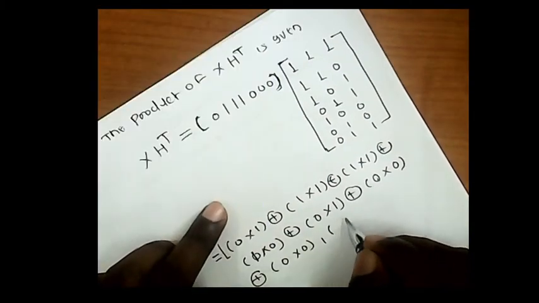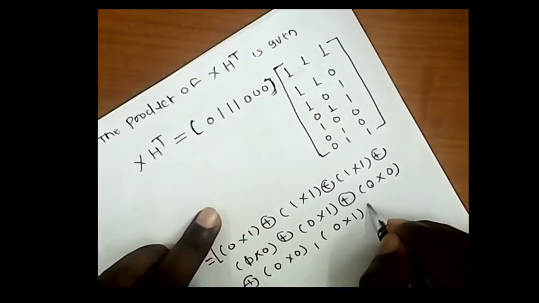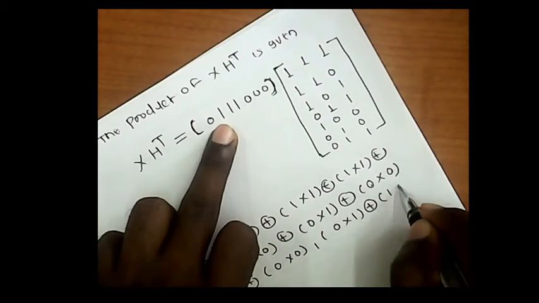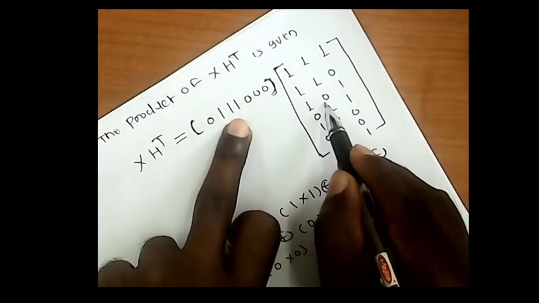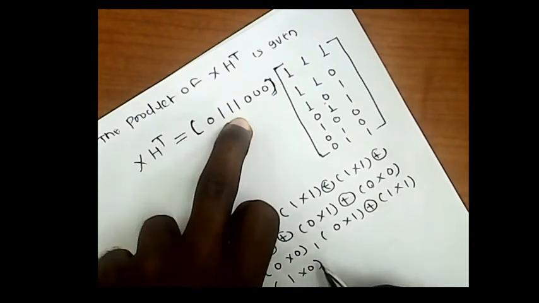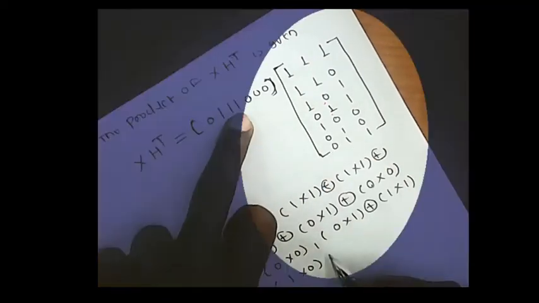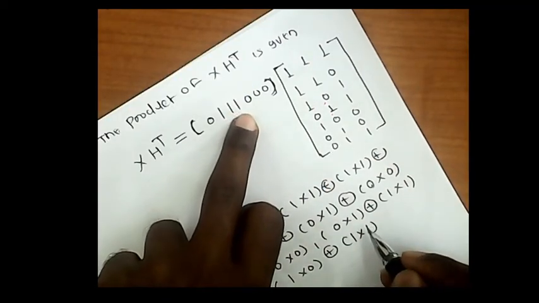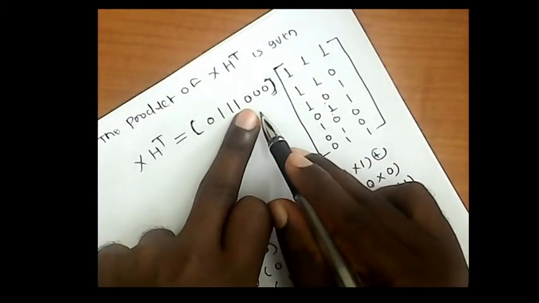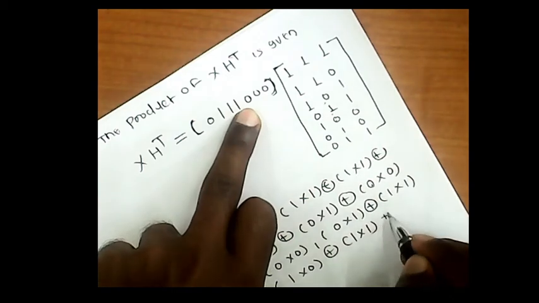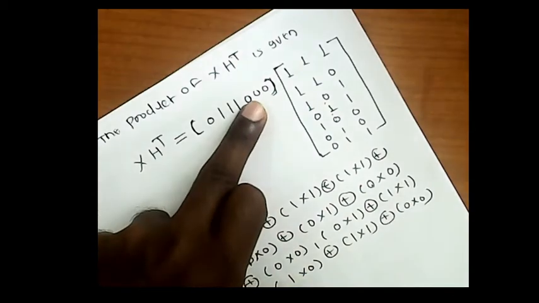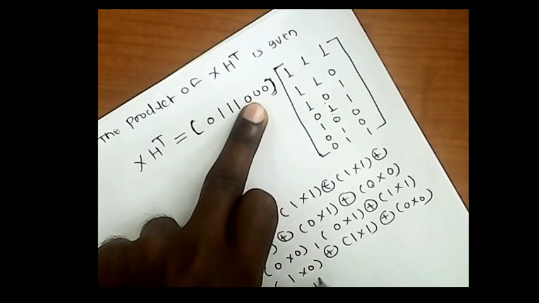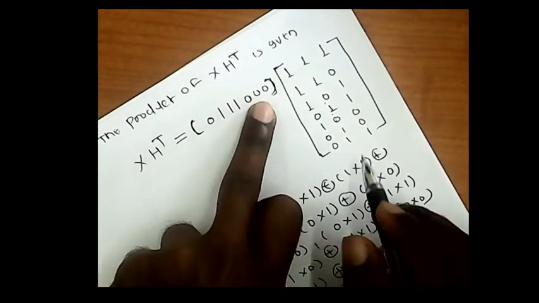That is 0 into 1, modulo 2, 1 into 1, then the third bit 1 into 0, then the fourth bit 1 into 1, then the fifth bit 0 into 0, then the sixth bit 0 into 1, then the seventh bit 0 into 1.